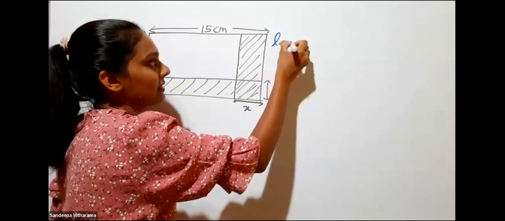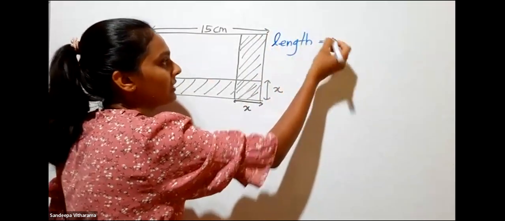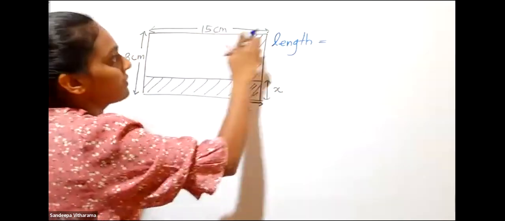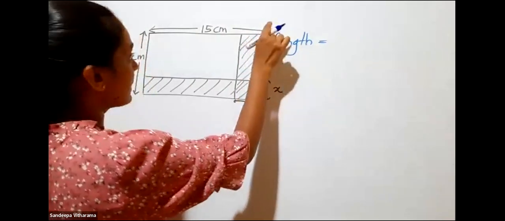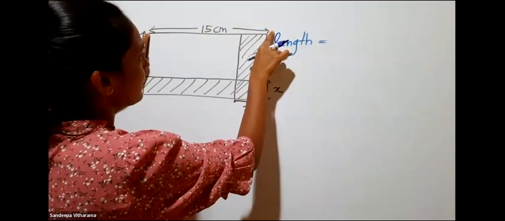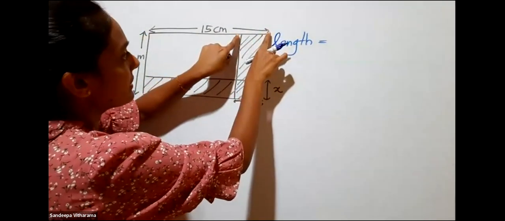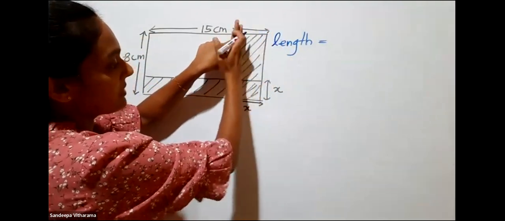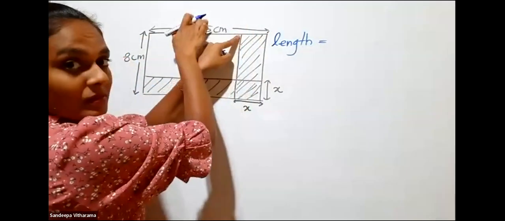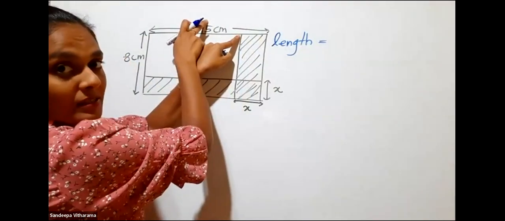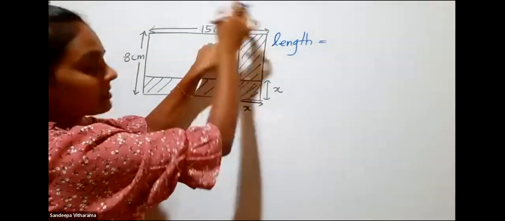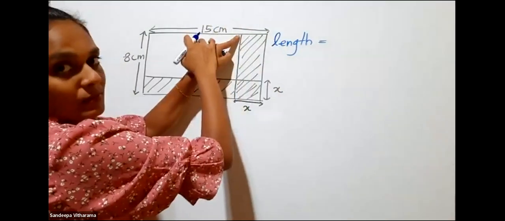What is the length? How do we obtain the answer for the length? It was 15 centimeters. Then you may think 2 centimeters removed, then it becomes 13 centimeters.